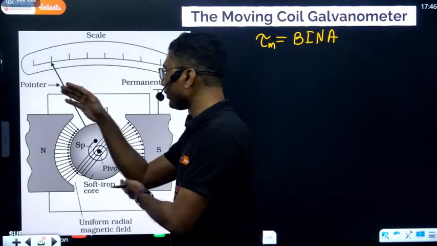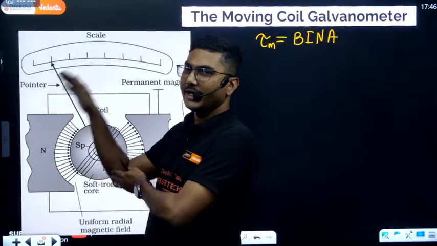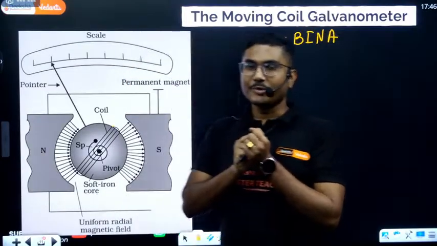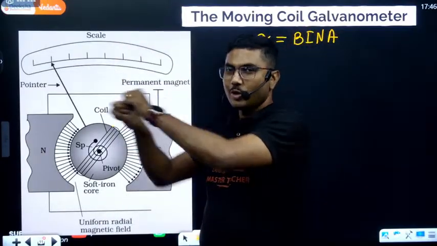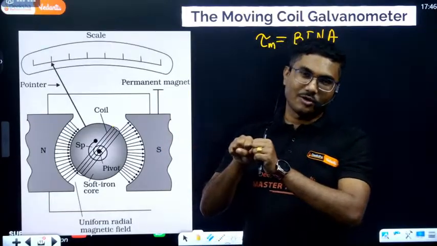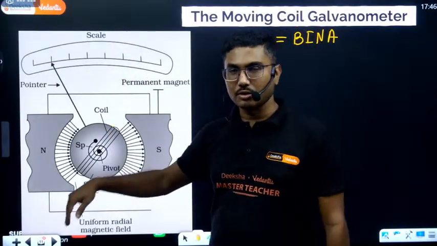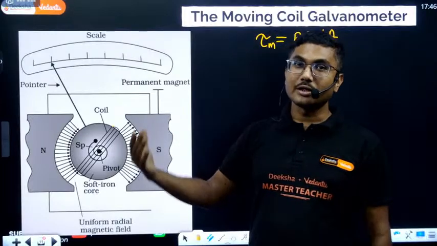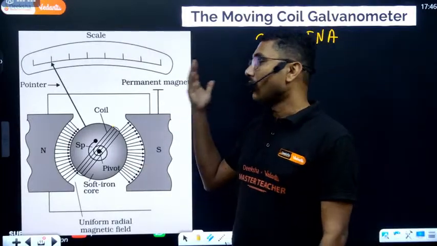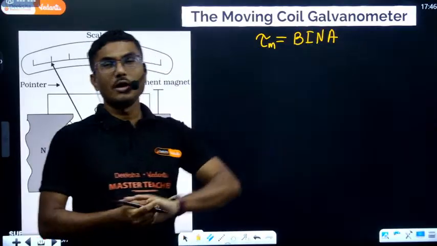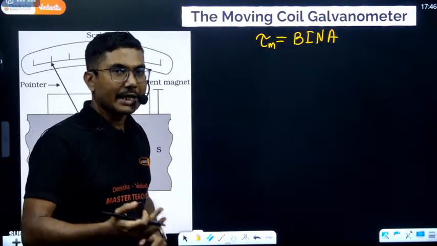When the coil is trying to rotate, the spring is trying to hold it back. Basically it is producing a counter torque, in the exact opposite direction and exact same value. So the counter torque is also B I N A, but in the opposite direction.